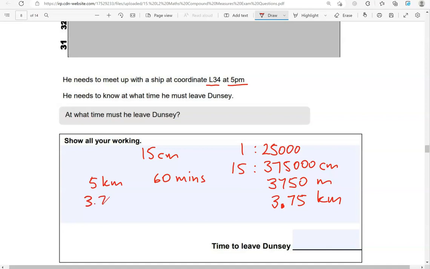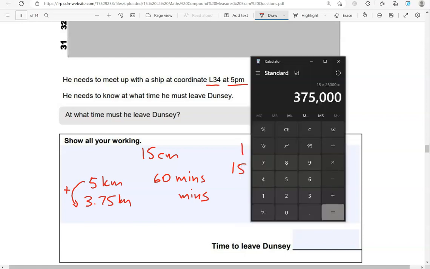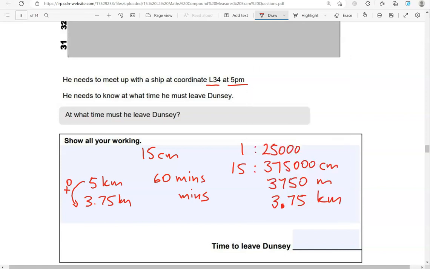It's 3.75 kilometers. So how many minutes will that take? Okay, so what do we multiply 5 by to get to 3.75? So we can do 3.75 divided by 5, which is 0.75. So we'll do the same on the other side.